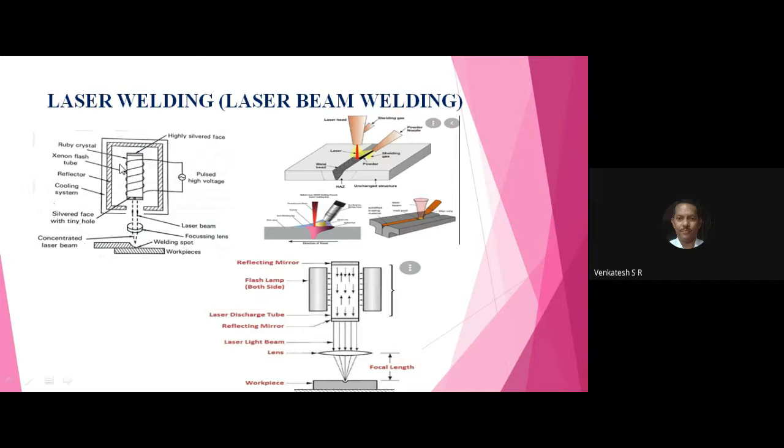Due to the supply of high current to the ruby crystal, it produces radiation, which you can call laser, light amplification by stimulated emission of radiation, coming from the ruby crystal, which is placed in a box type of structure. This radiation, that is laser, is utilized for welding of two sheets. So you can join the two sheets at some spots.